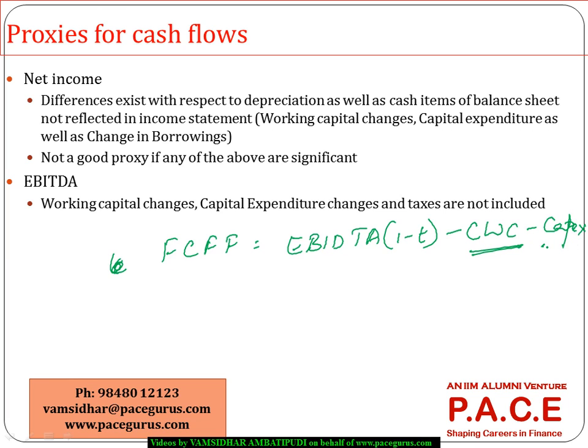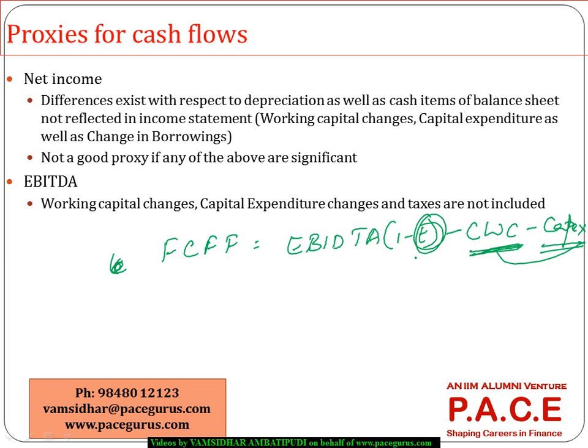So, if the capital expenditure is significantly different and working capital investments are significant, and it does not even consider the tax structure at all, it may so happen that EBITDA also may not be an effective proxy for FCFF. So, we have to try to understand where the gap lies, and if possible try to address that gap so that the valuation can become more and more comfortable.